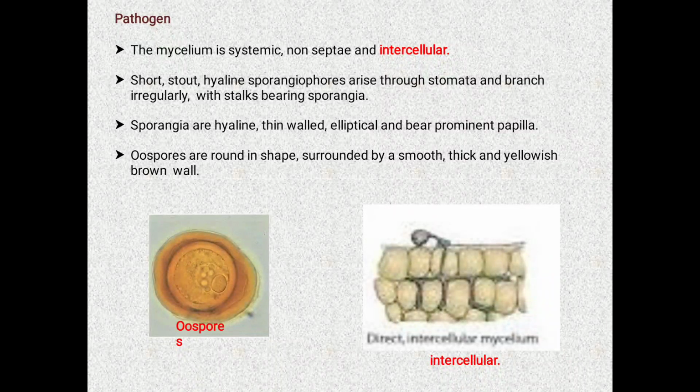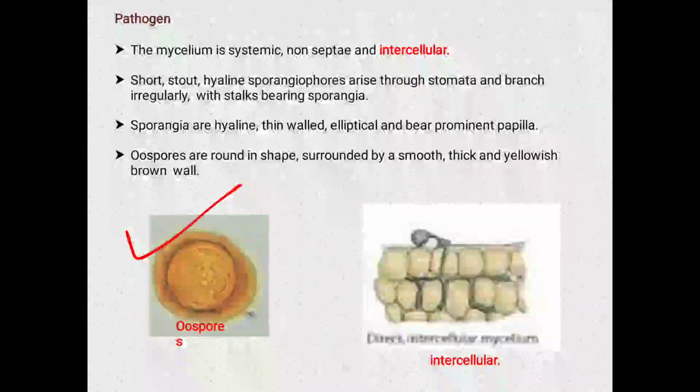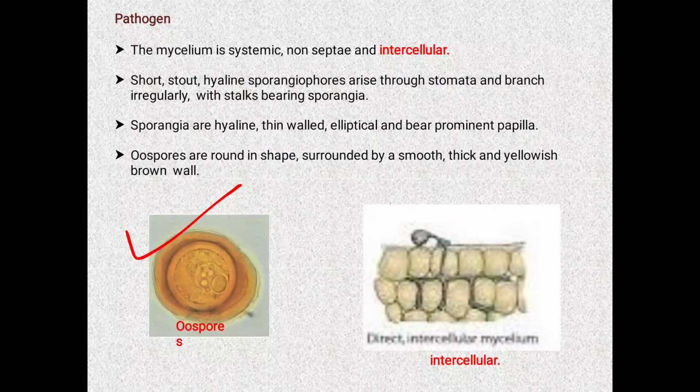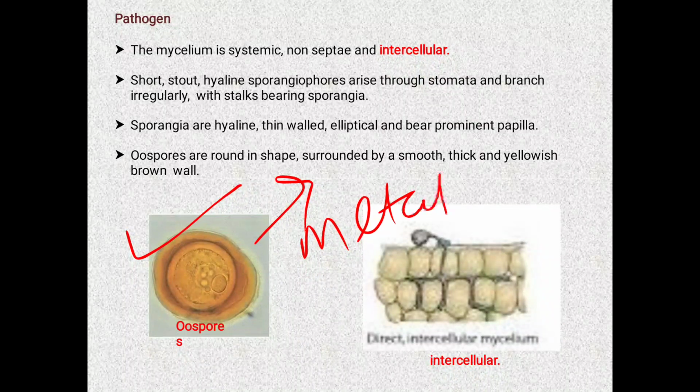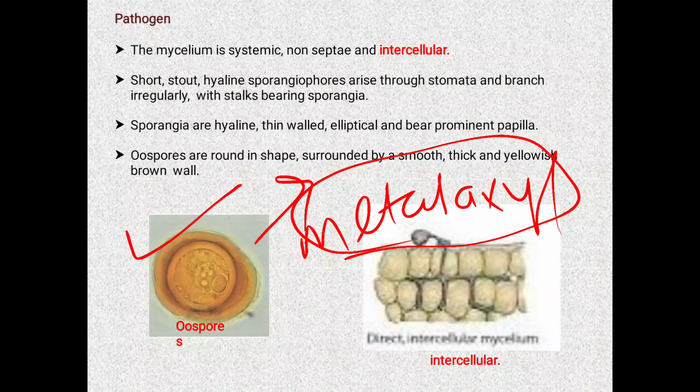You can see here the oospore. It is always round in shape, and whenever there is a presence of oospore, then metalaxyl, this fungicide, is effective for managing the oospore.